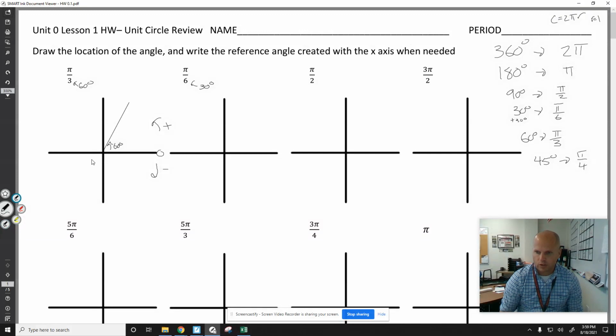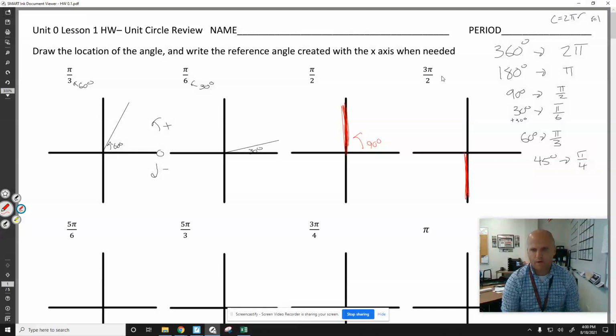So that creates our 30, 60, 90 triangle. 30 degrees, starting at 0, adding 90 degrees, this is a 90-degree reference angle.